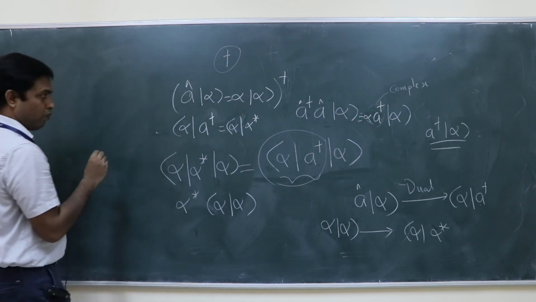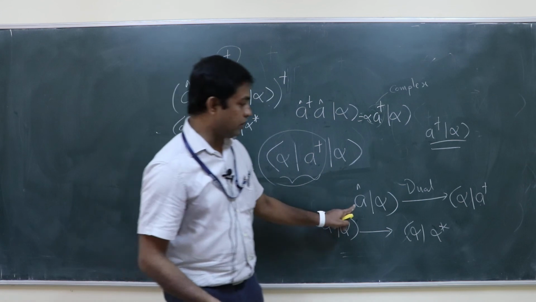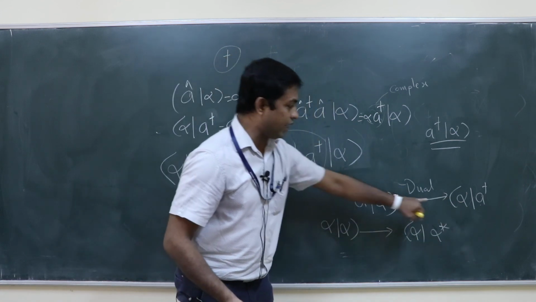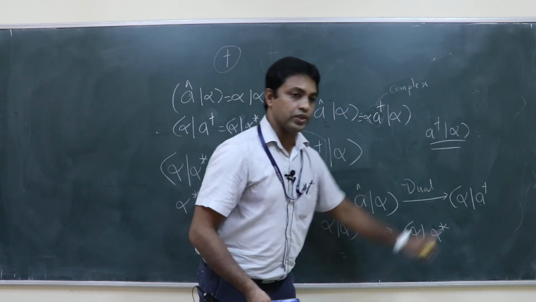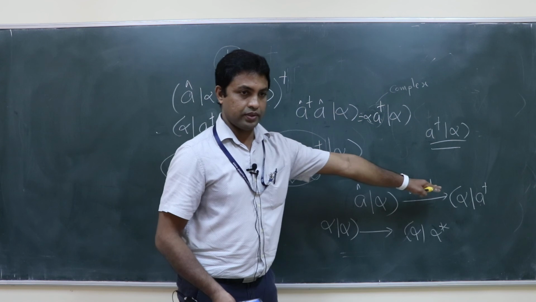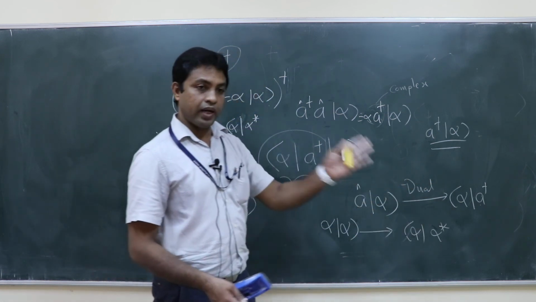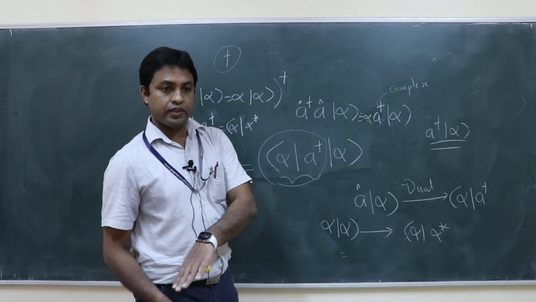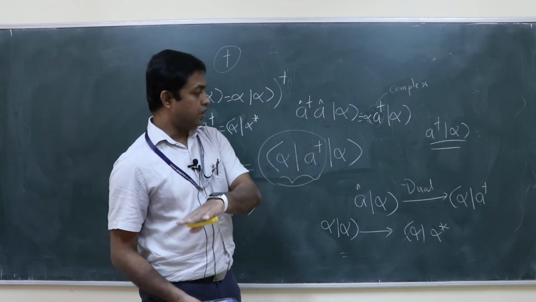So when I want to go from the ket space to the bra space, I have to do this. I cannot write this dagger as equal to this, because I am going to the bra space. Ket alpha in the bra space has the corresponding vector bra alpha. Operator A in the bra space corresponds to A dagger.